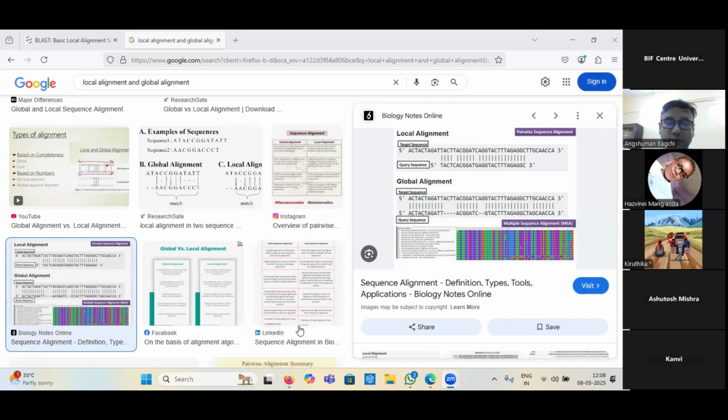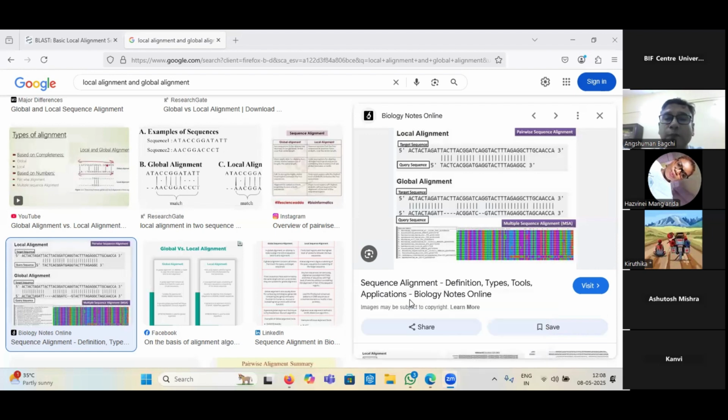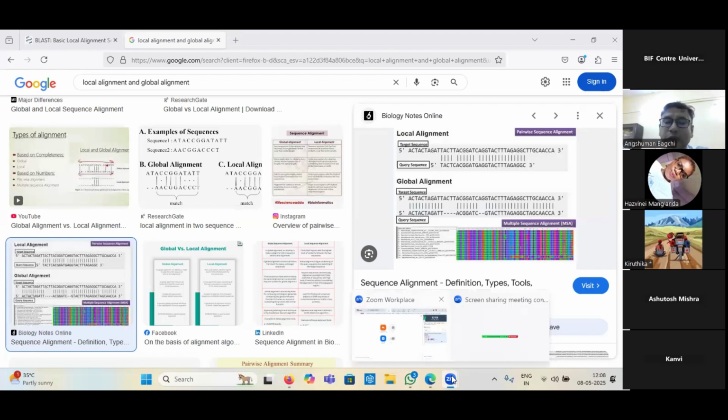Matches mean where two sequences are exactly identical, and mismatches mean where the sequences are not identical.